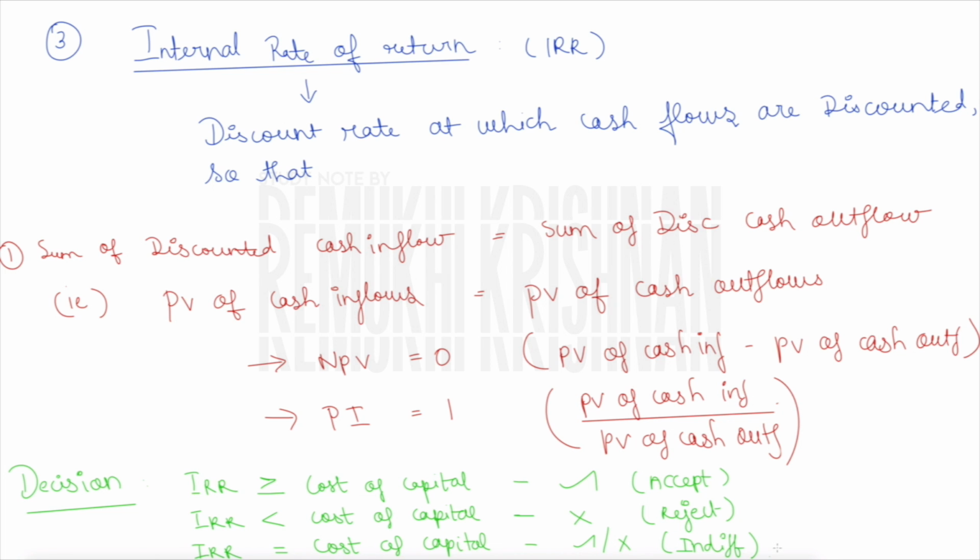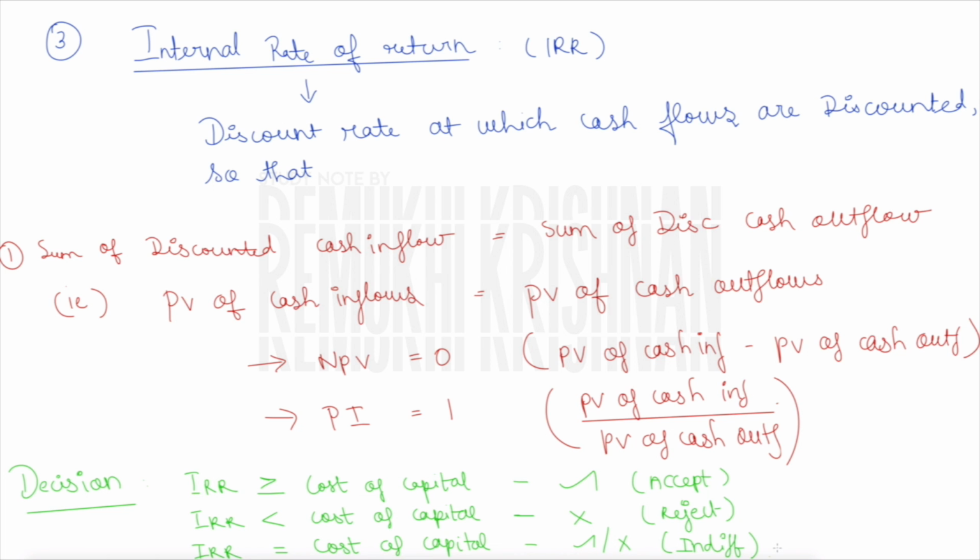So why are we going for the project when the IRR is greater than cost of capital? Because here also there is an assumption that the cash inflows generated by the project will be reinvested immediately at the rate of internal rate of return.